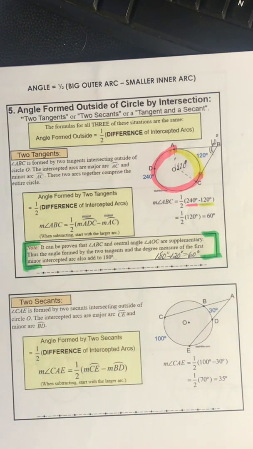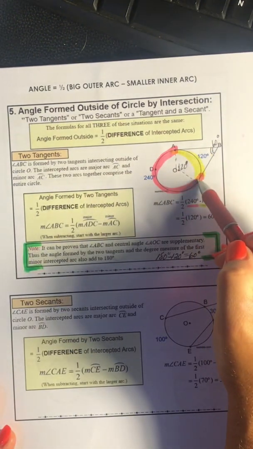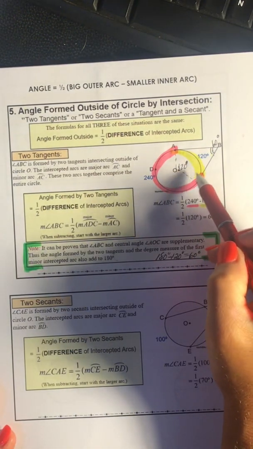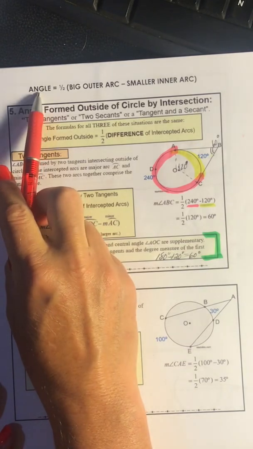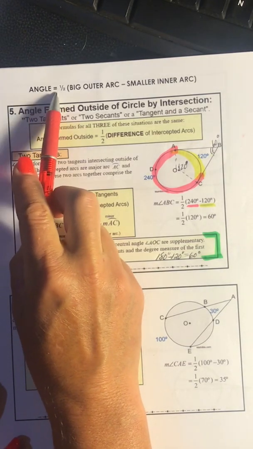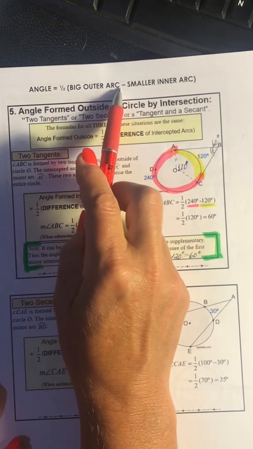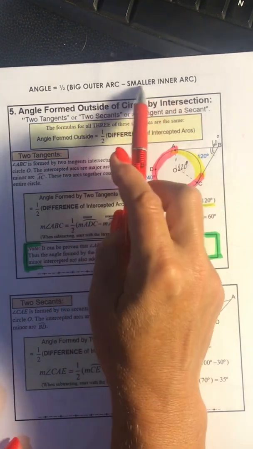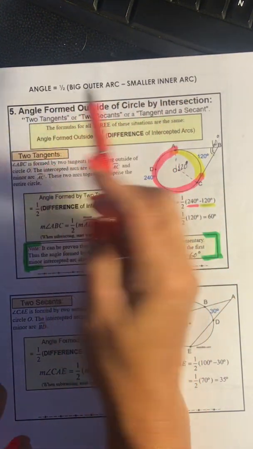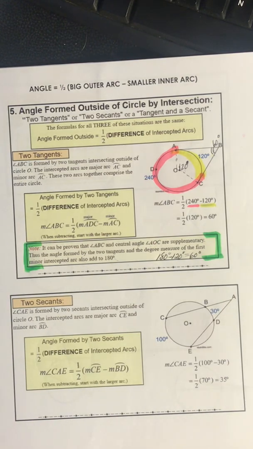Kind of like a shortcut, but it's also an application of something that we've learned earlier. But what I want you to focus on is the new formula. The angle equals 1/2 the bigger outer arc minus the smaller inner arc, and that's basically it. Now there's 3 different ways we can look at it.